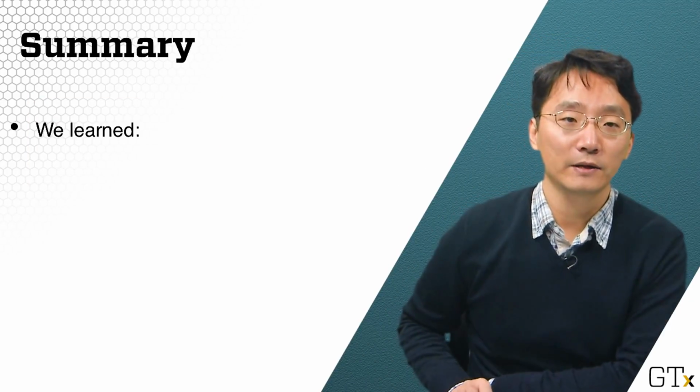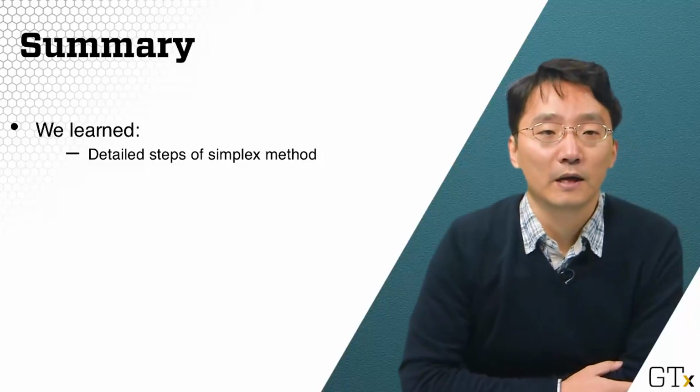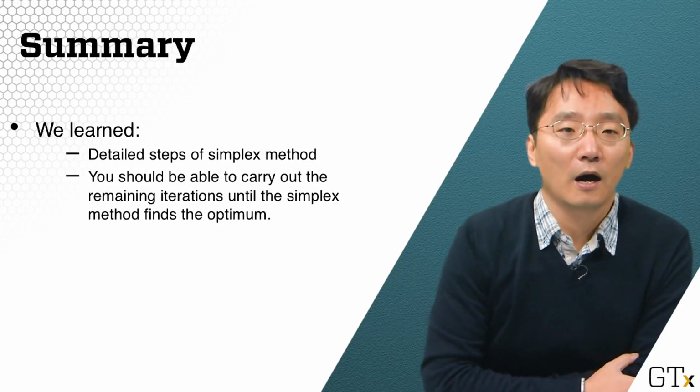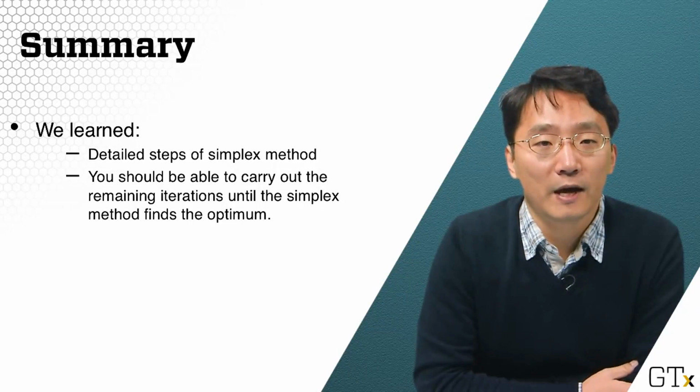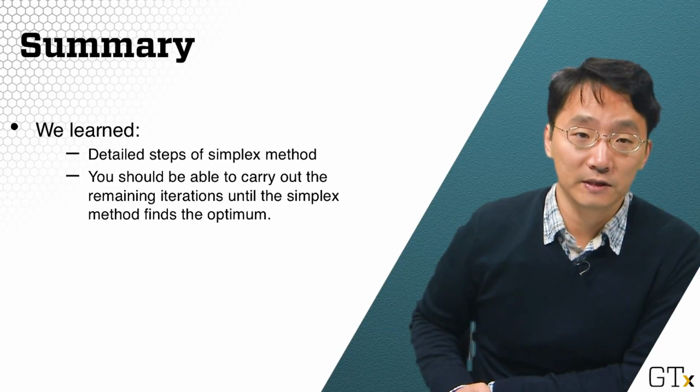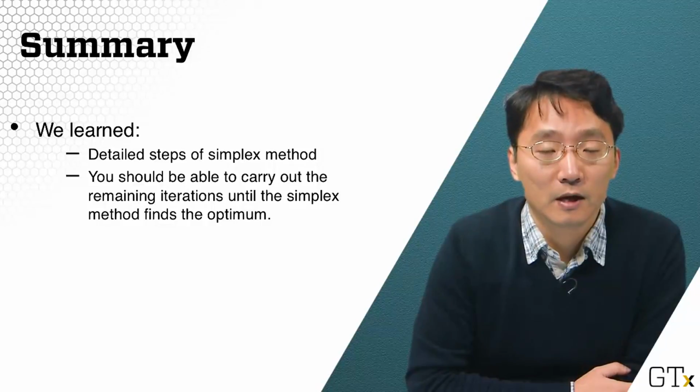Let's summarize. We have gone through detailed steps of the simplex method here. You should be able to carry out the remaining iterations until the simplex method terminates. In this case, we see that the optimal solution has to be bounded.